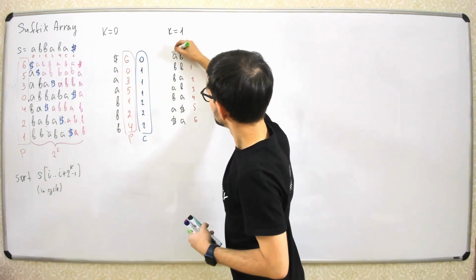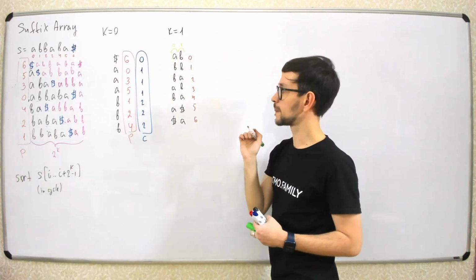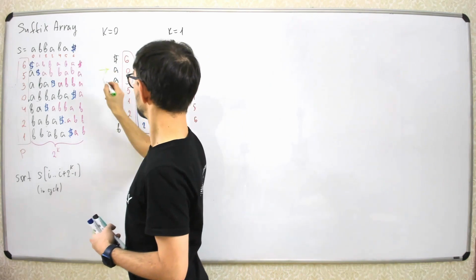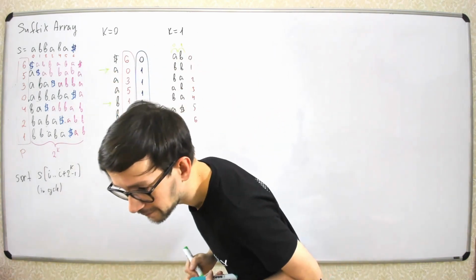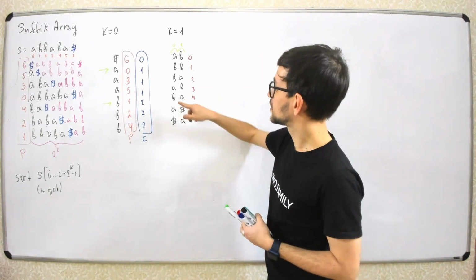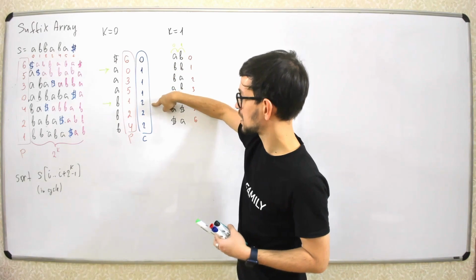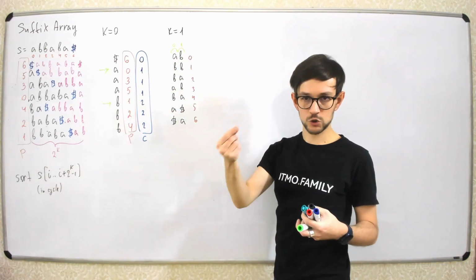So I have these two strings. This string is position 0, this in position 1. The class of the first string is 1, of the second string is 2. So this string corresponds to pair 1, 2.